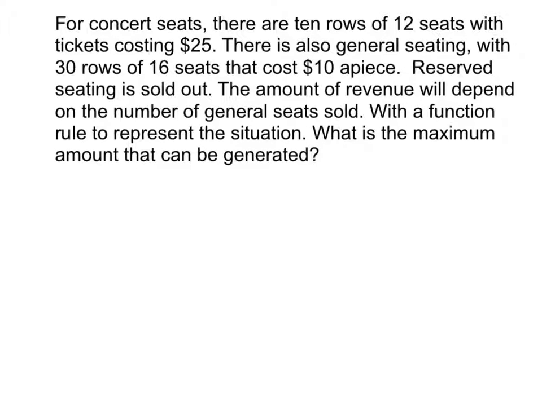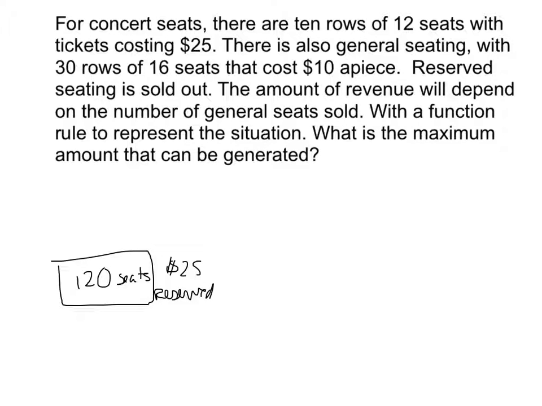Let's go ahead and look at another example. In this problem, we're going to take a look at concert seating. Basically, we're going to have two different types of seats. We're going to have 10 rows of 12 seats, in other words, 120 seats of $25 tickets. This is the reserved seating. And then for the general seating, there are 30 rows of 16 seats, so there will be 480 tickets here.